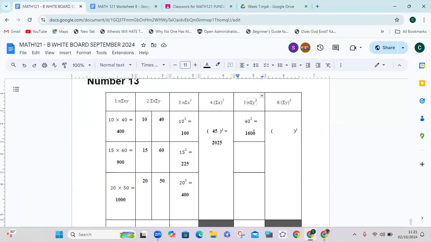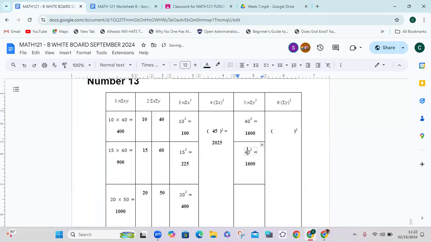As we can see, the first one has been done for us already, 40 squared, 1,600. We've got to move on to the next one, which is 60 squared. That's 3,600. And what's the next one? 50 squared, which is 2,500.